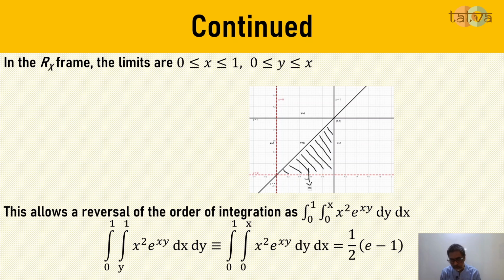The x will get cancelled, apply the limits, and then if necessary integrate by parts, and then you will end up getting half times e minus 1. So this was an example selected where an Ry region was expressed as an Rx region.